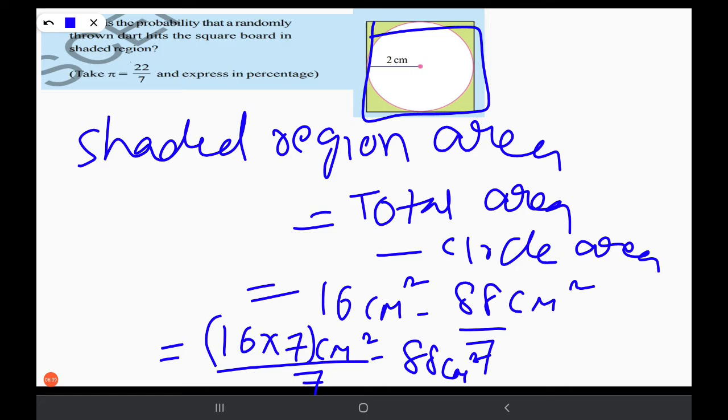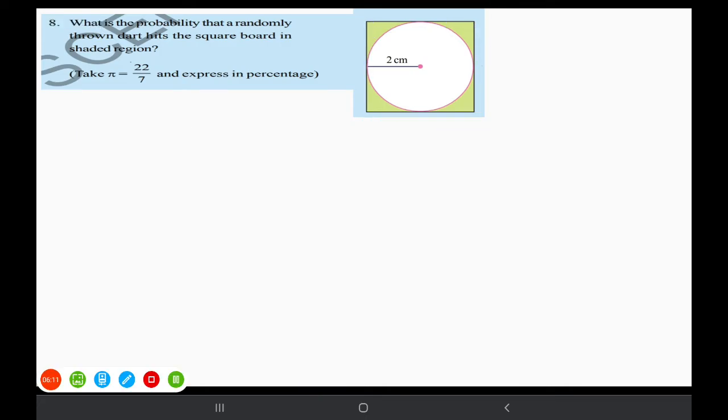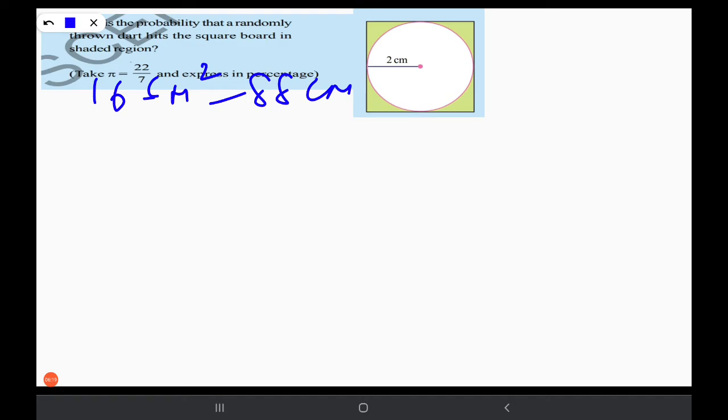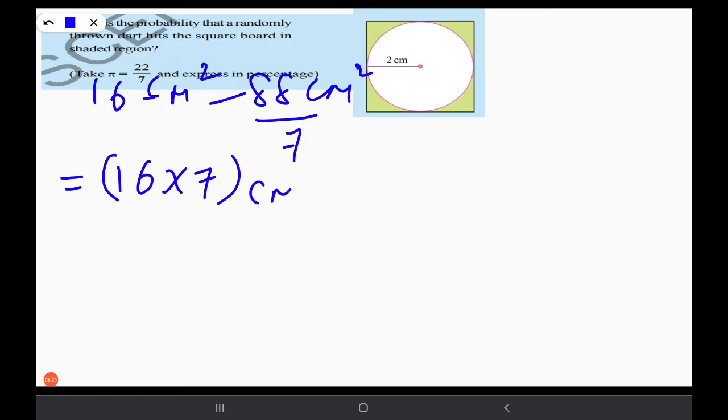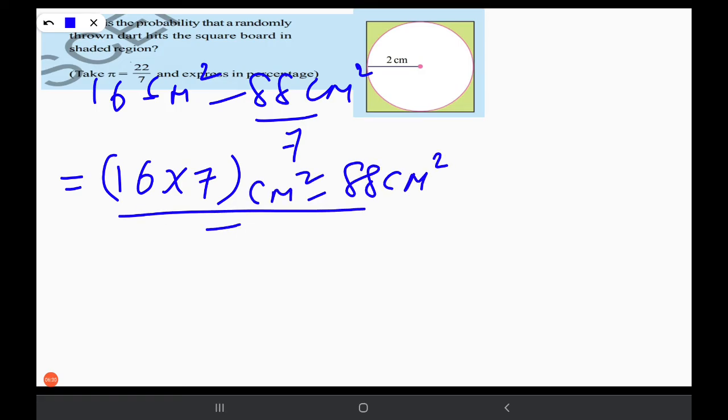Once again I will write the step. 16 centimeter square minus 88 centimeter square by 7. Take the cross multiplication, 16 into 7 centimeter square minus 88 centimeter square by 7.